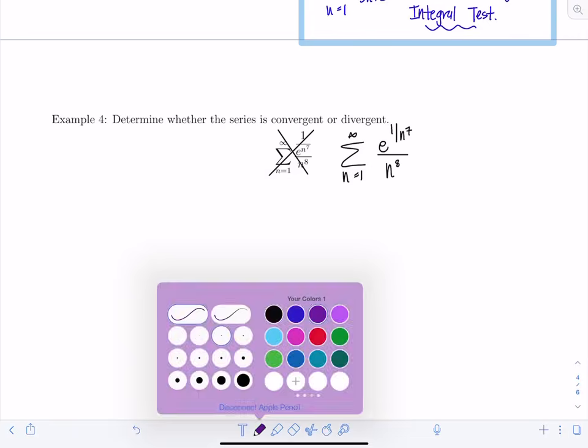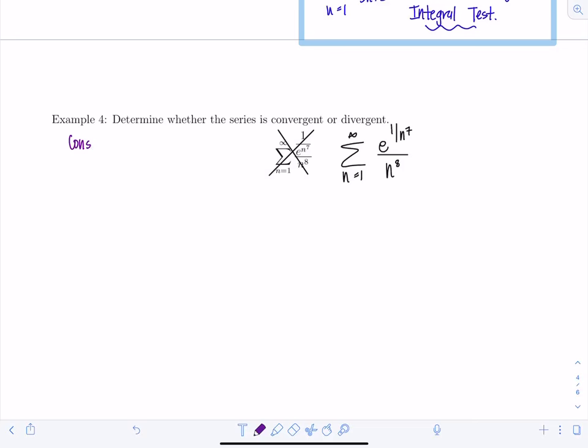We're going to consider the function f of x, which is equal to e to the 1 over x to the 7th, over x to the 8th. Okay, good.